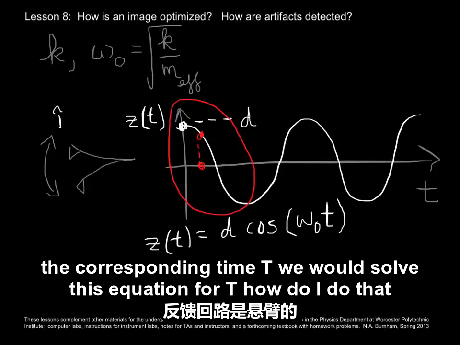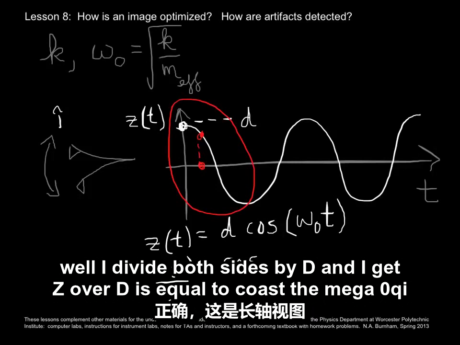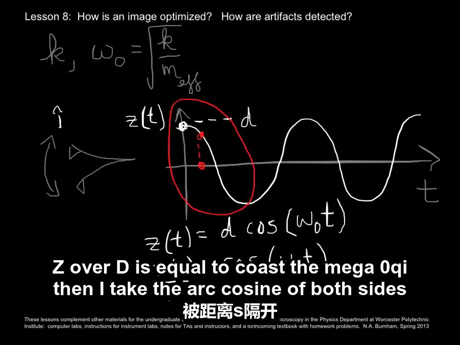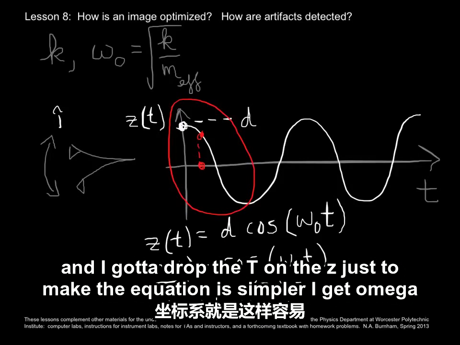How do I do that? Well, I divide both sides by d, and I get z over d is equal to cos omega 0 t. Then I take the arc cosine of both sides, and I'm going to drop the t on the z just to make the equation simpler.